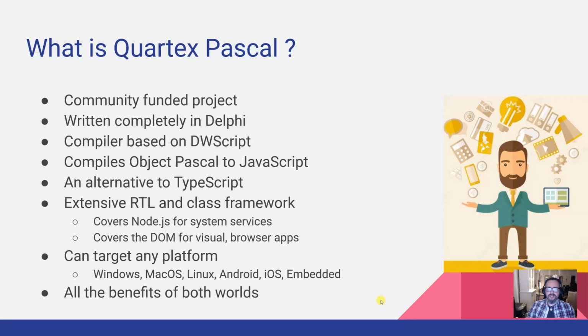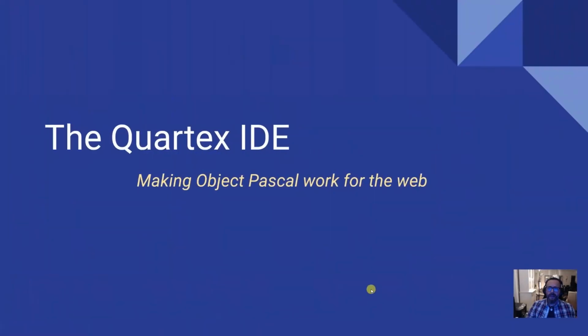As a result, you can basically generate code that runs on any system. You can also use it to write mobile phone applications. You can target those embedded systems that I mentioned previously. So you sort of get the benefits of both worlds. This also means that we couldn't really glue this into the Delphi IDE.